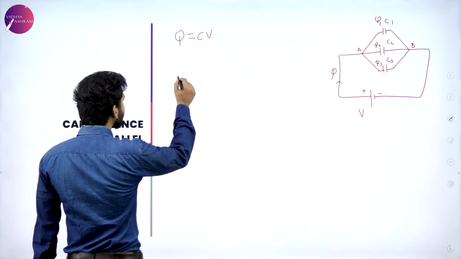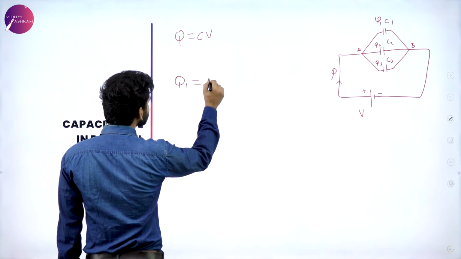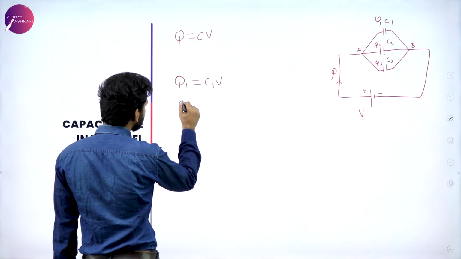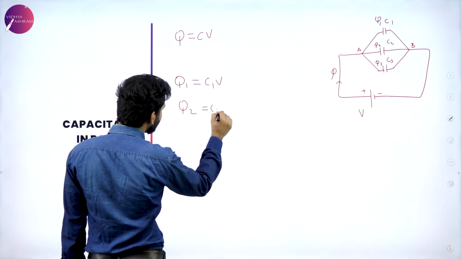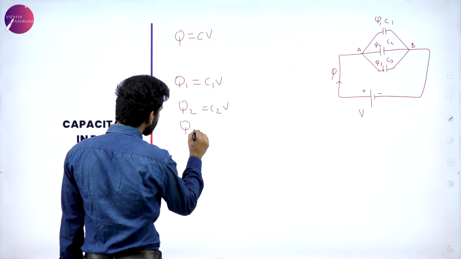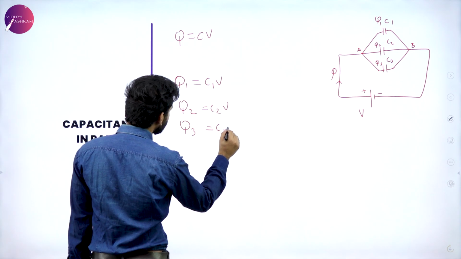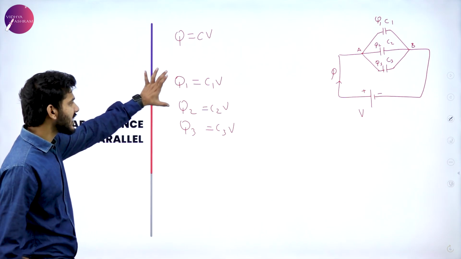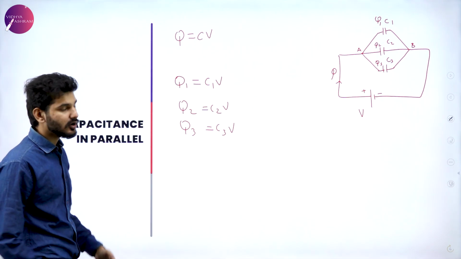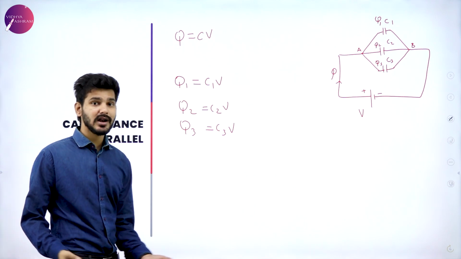So we know that Q1 gets C1V, we know that Q2 gets C2V, and finally Q3 gets C3V. And in order to find out the net charge of that system, we are going to add it together because charges are additive.